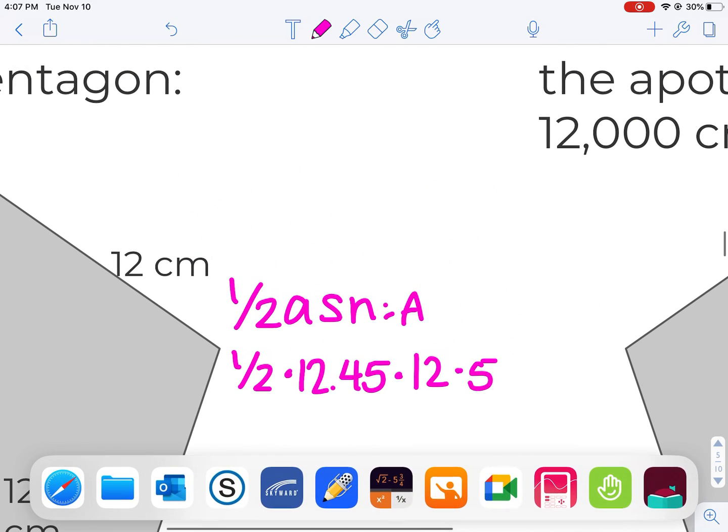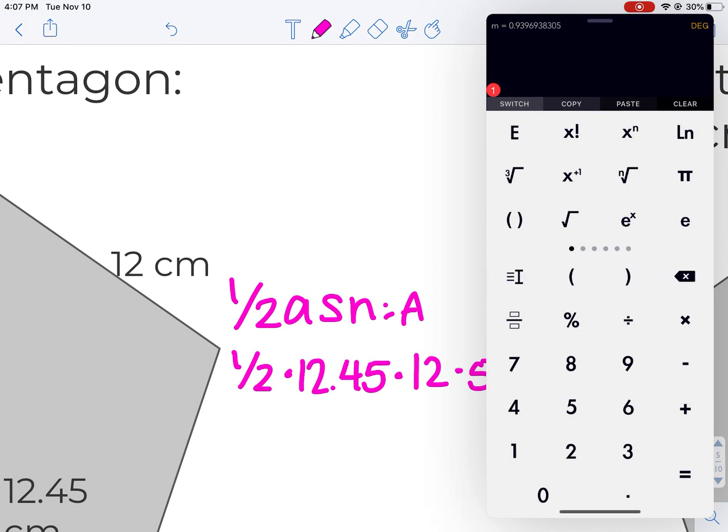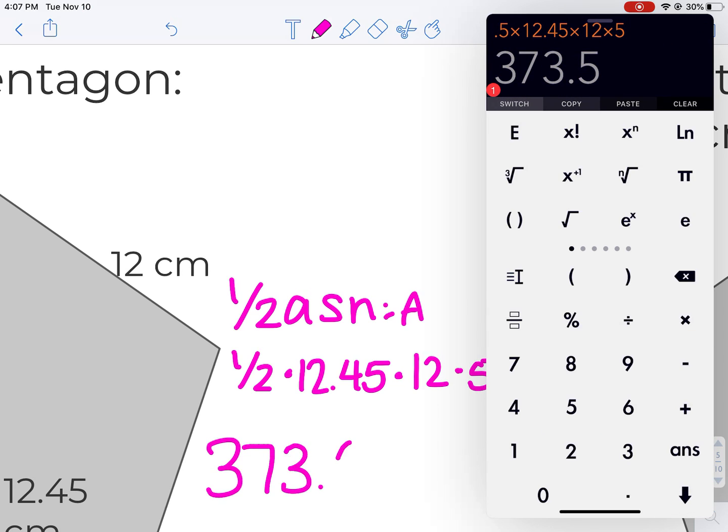I'm going to throw all of that into a calculator. So I have 1/2 times 12.45 times 12 times the 5 sides. And I get 373.5 centimeters squared.